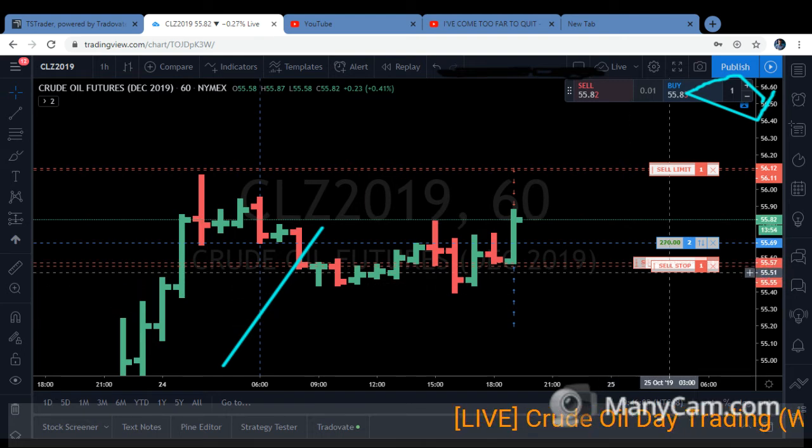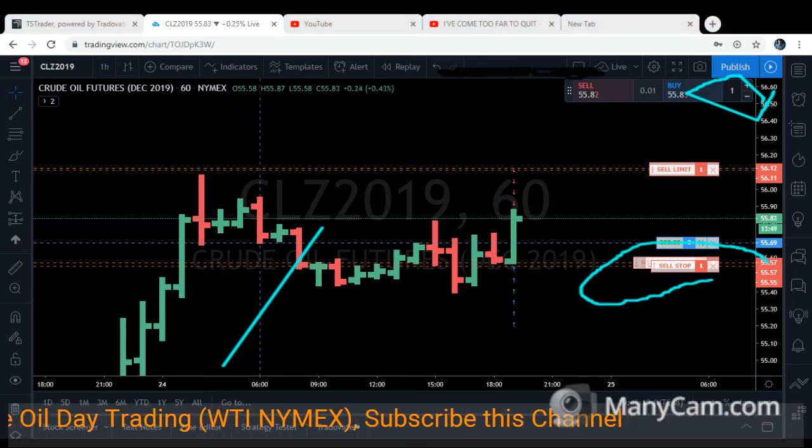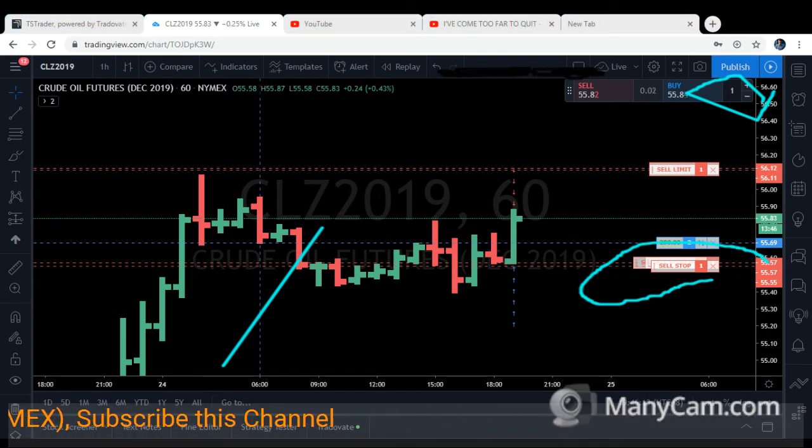So I have to advise the traders to move the stop loss to a new one as a trailing stop at 55.57.